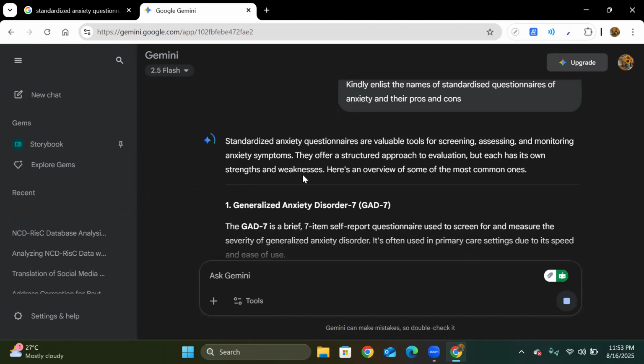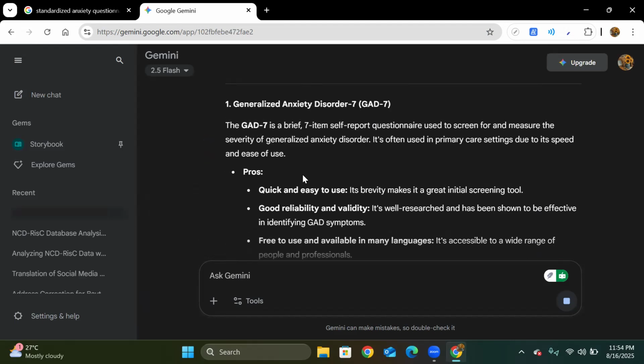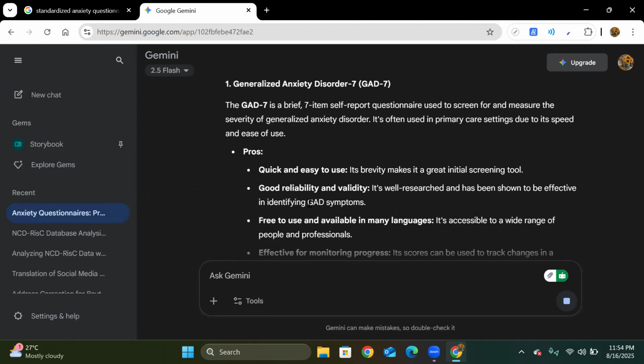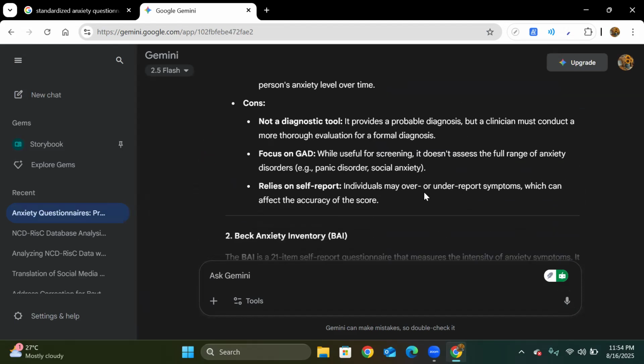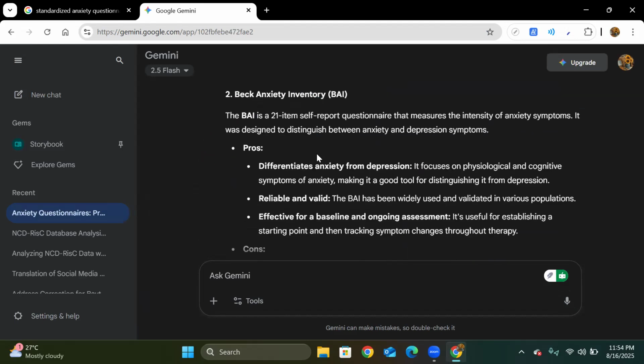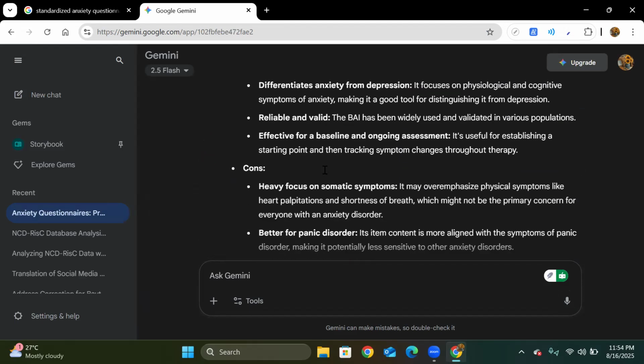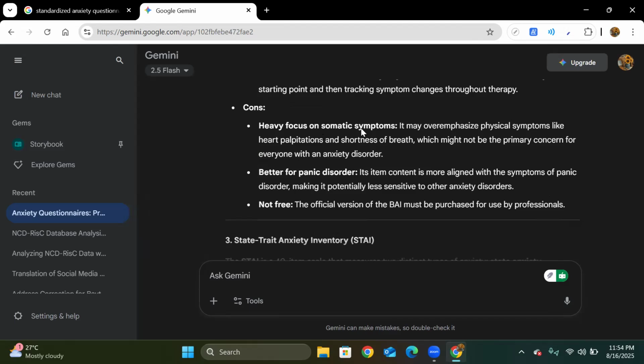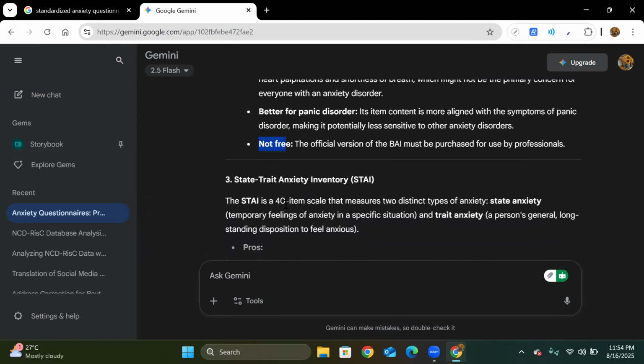Okay, so now it has told us that there is a GAD-7 anxiety scale, but it is used only for the generalized anxiety disorder symptoms. What are the cons? We will be more focusing on the negative side. It just focuses on the GAD, and it is not used for simple day-to-day anxiety. Okay, Beck Anxiety Inventory is used mainly for differentiating anxiety from depression, and it focuses on somatic symptoms and it is better for panic disorder and it is not free. Okay, that is the problem with it.